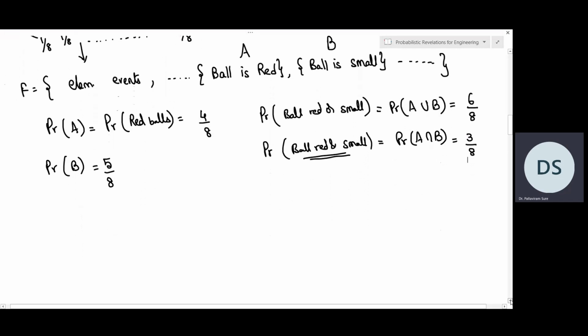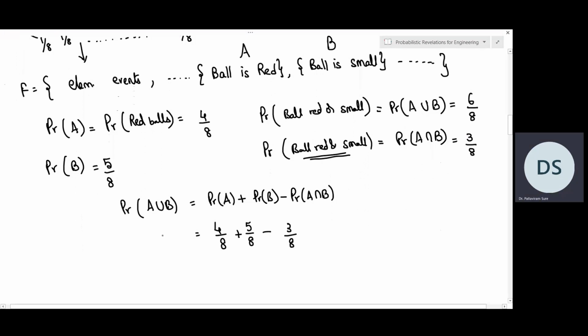So let us verify the equation that we have written. Probability of A union B is probability of A plus probability of B minus probability of A intersection B. So probability of A is 4 by 8, B is 5 by 8, A intersection B is 3 by 8.